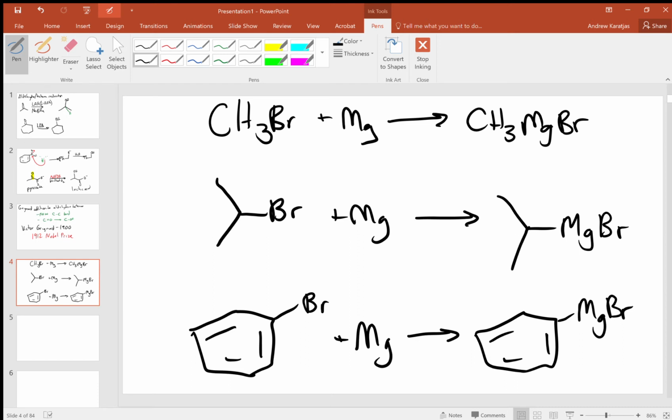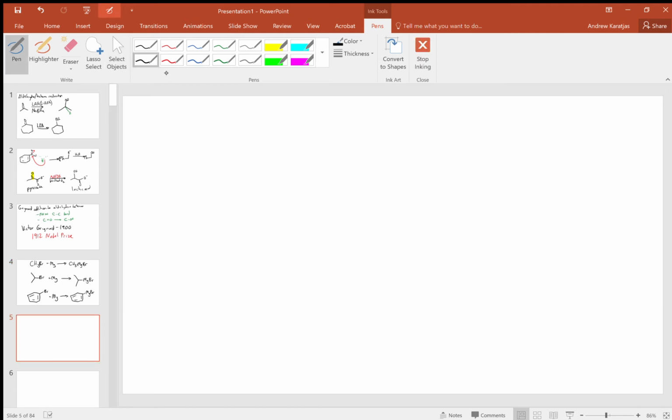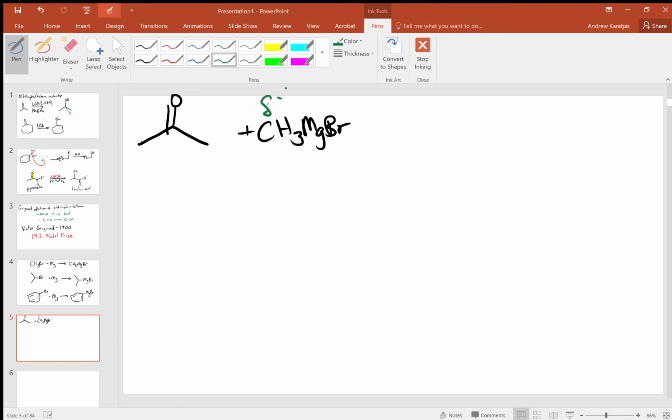Now, once we've made the Grignard reagent, at that point, we can add it to an aldehyde or ketone. So if we look at this one of methyl Grignard with acetone, basically in a Grignard addition, the Grignard reagent acts as if it's a carbanion.